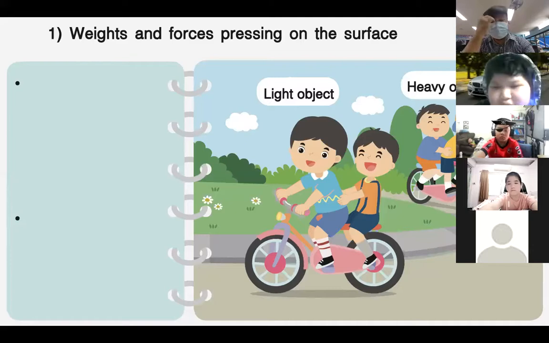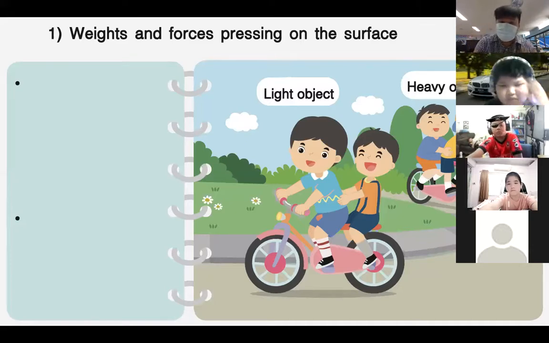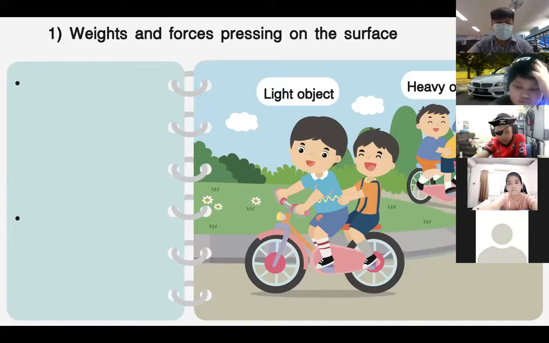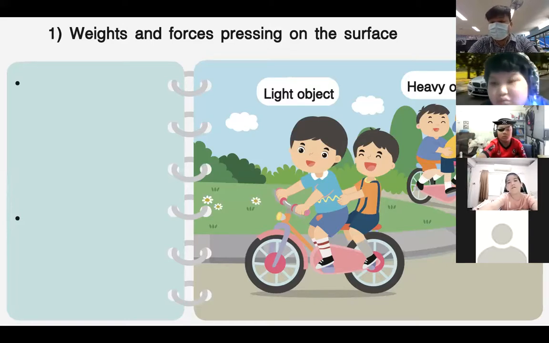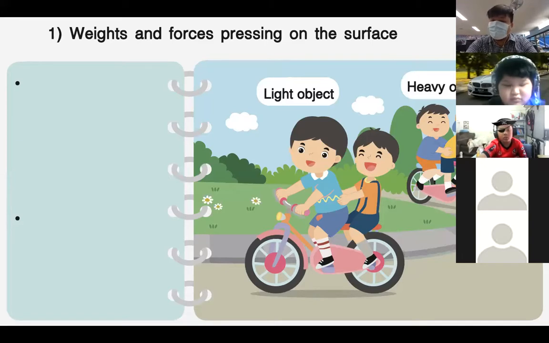Okay, so we have here weights and forces. There are two objects here. The first one is the light object. As you observe, the one riding the bicycle at the back is thin. And the next picture is the heavy object, which is a fat kid.